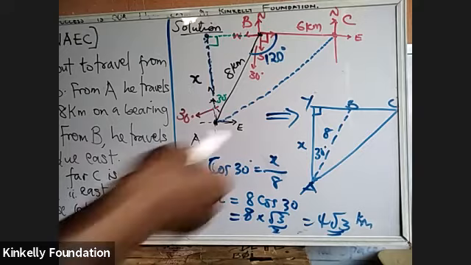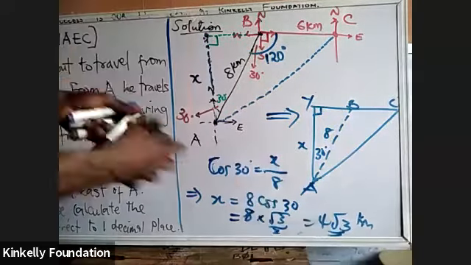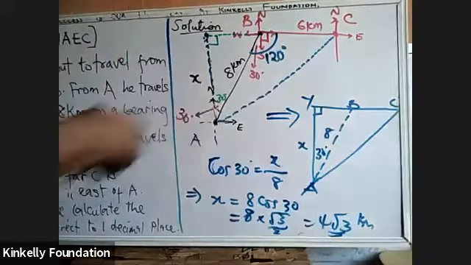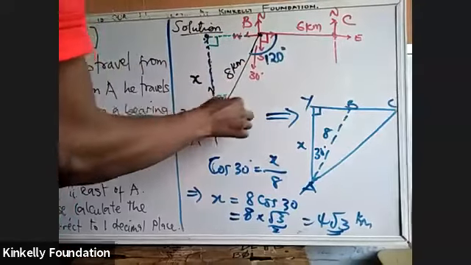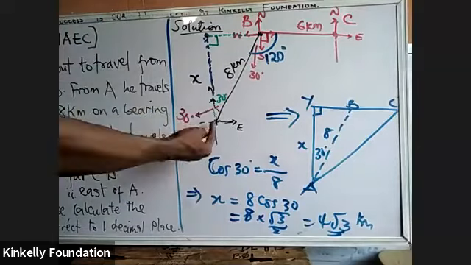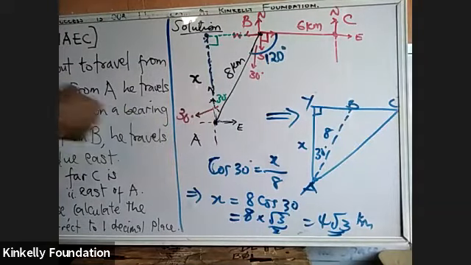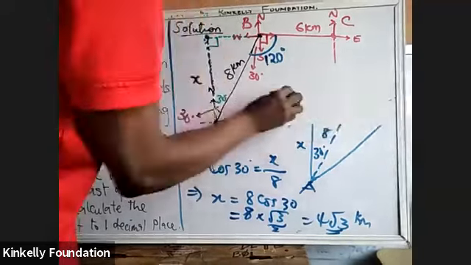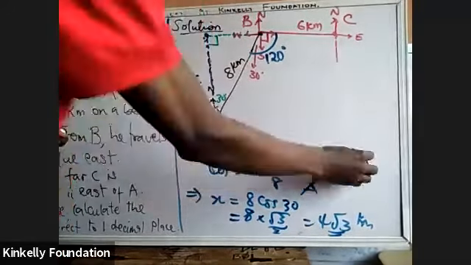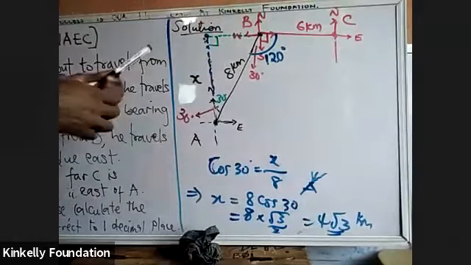Remember, we are not calculating this particular one at this time. We are not working on this one. So what we are working on is the north of A, and the second one will be east of A. So east of A will be this side.